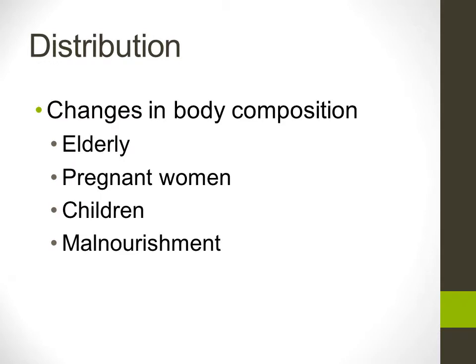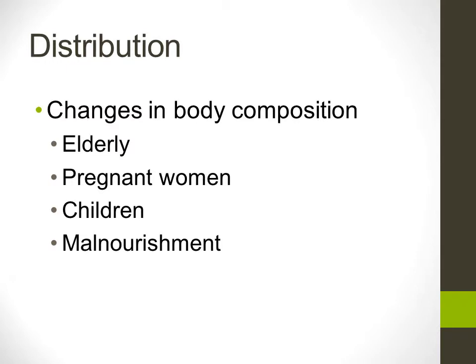Moving on to distribution, typically the changes in distribution or body composition that occur in the elderly, pregnant women, children, and malnourished patients may affect the bioavailability of medications. Pregnant women, you have to remember that their volume of distribution increases a lot, and so medications like Kaletra are affected by these changes.